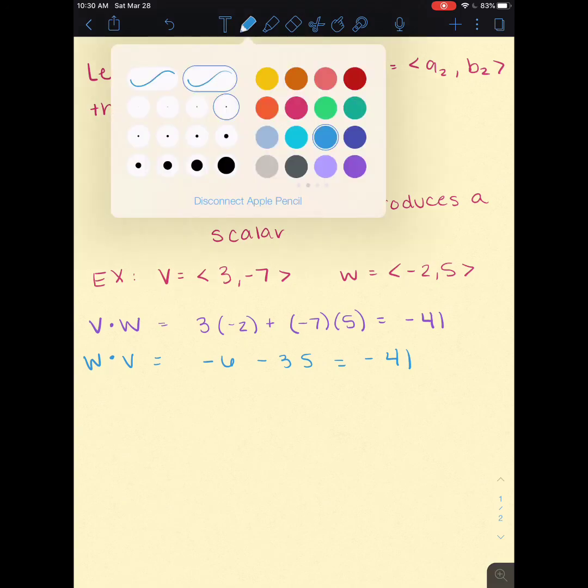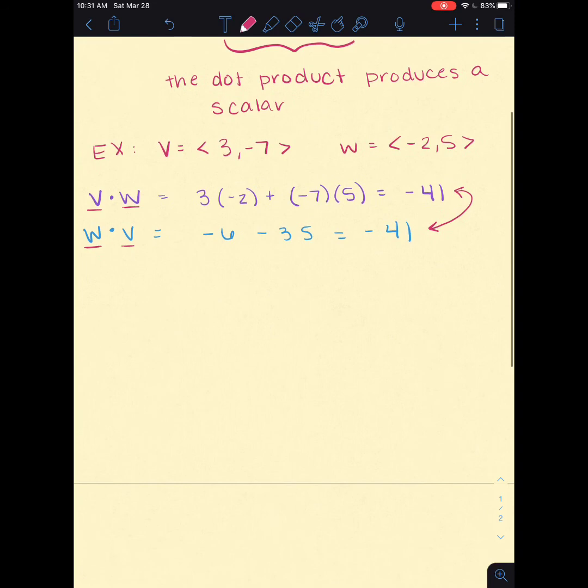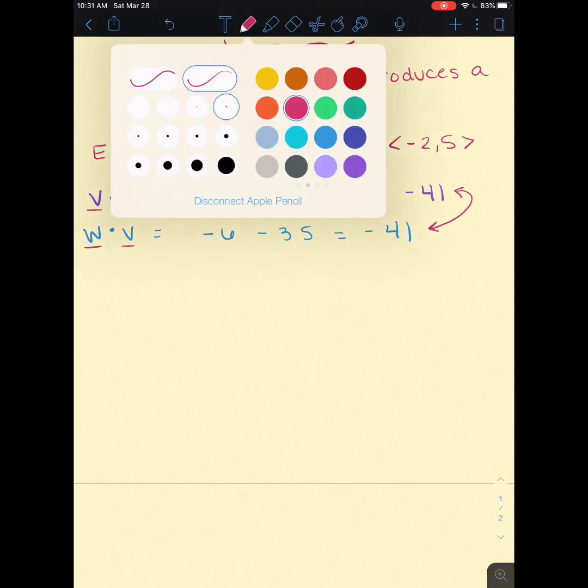And if you compare the two dot products that we just found, you can see that we got the same solution, and all we did was switch the places of v and w. Thus, what we see from this is that dot product is commutative. So it means switching the order is okay. You are going to produce the same solution.